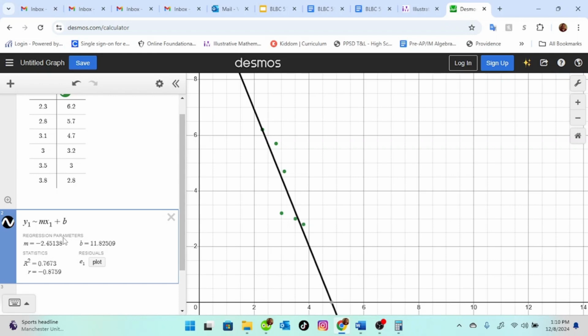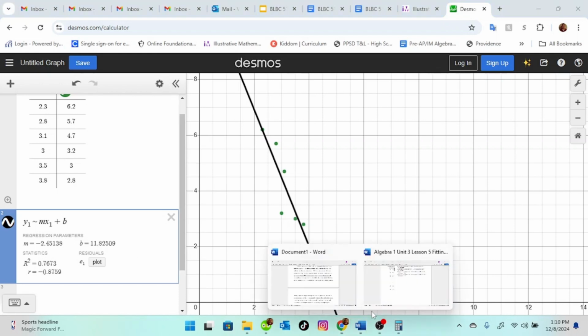tilde, for is approximately, mx sub 1 plus b. And now you can see the green dots are the scatter plot, and the black line is the line of best fit. They wanted us to round to 2 decimal points.